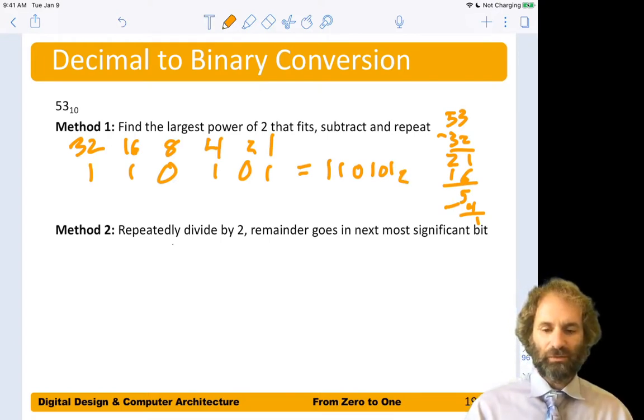Alternatively, we'll divide by 2, and the remainder going in the next most significant bit.